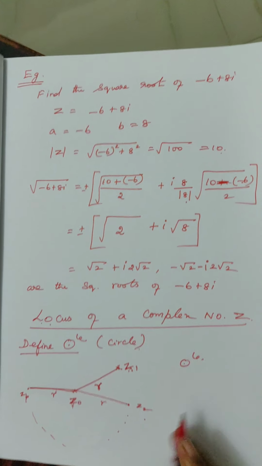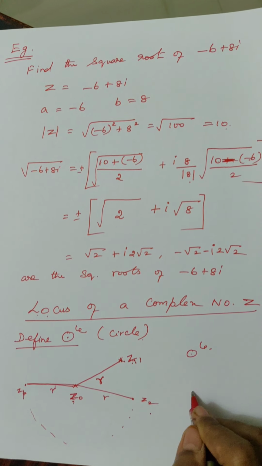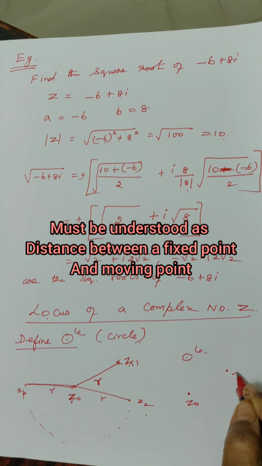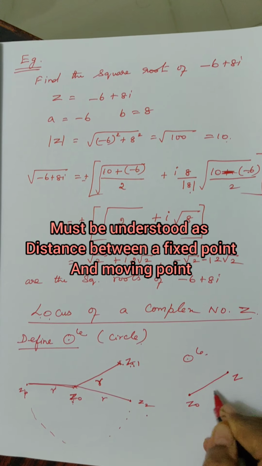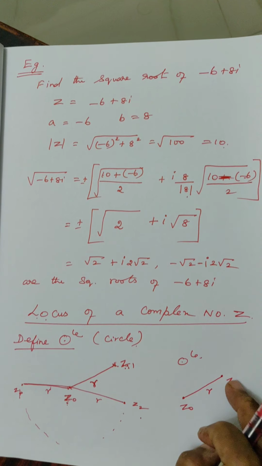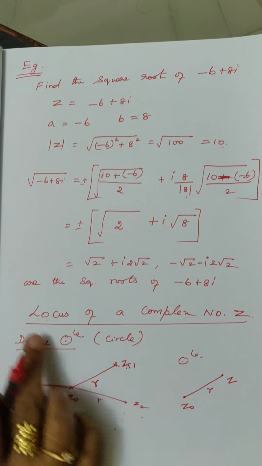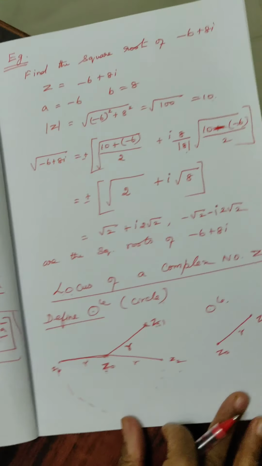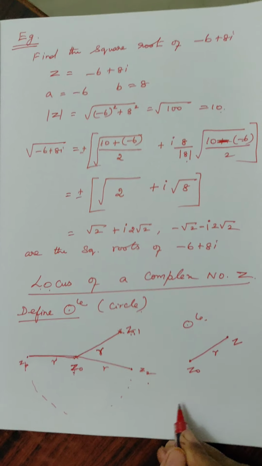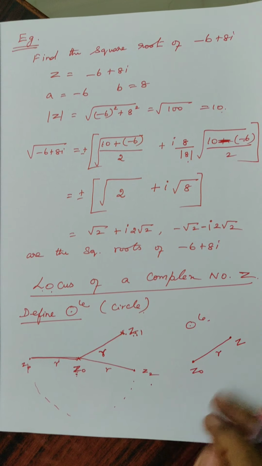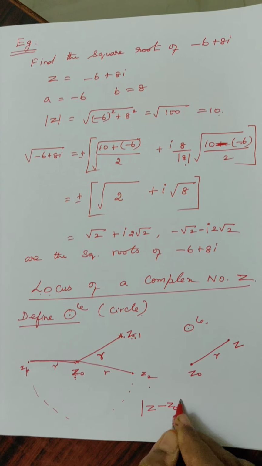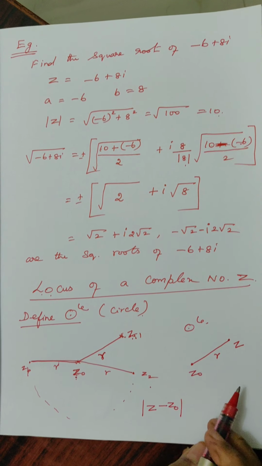Is it clear now? So what is the definition of a circle? The distance between a fixed point and the moving point is always constant. This z0 and z distance being constant represents the locus of a circle. How will you write it mathematically? The distance between any two complex numbers is denoted as modulus of z minus z0, which was already discussed in your last video.